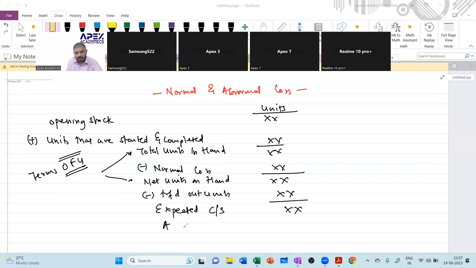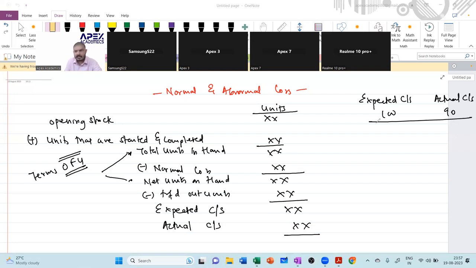And then you will take into consideration your actual closing stock. Suppose your expected closing stock was 100 and your actual closing stock is 90. In this situation, your expected is greater than actual. This shows that there is an abnormal loss. How much is your abnormal loss? 10 units.